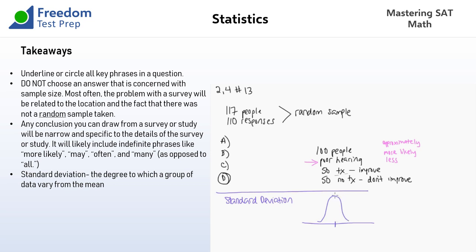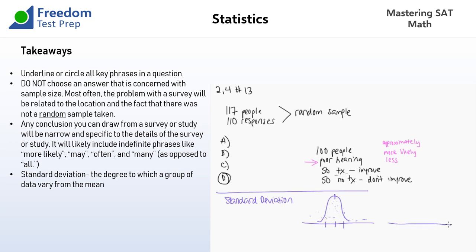Okay, so let's say this is the mean or the average, and all of the data points are, well, they're all over, right? They can be out here, but most of the data points are going to be within this range here, right? As you can see, this is where the curve goes up, and this sort of houses most of the data.